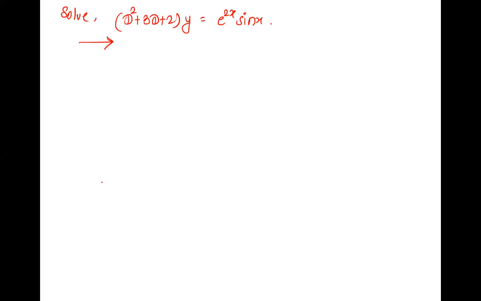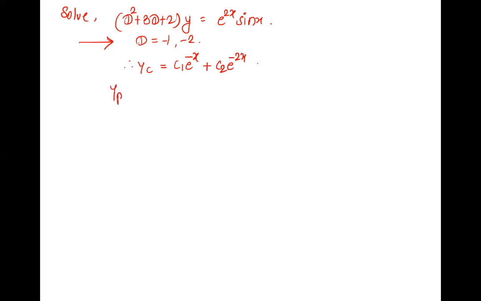D is minus 1 and minus 2. So therefore, yc is c1 e raised to minus x plus c2 e raised to minus 2x. Correct, right?